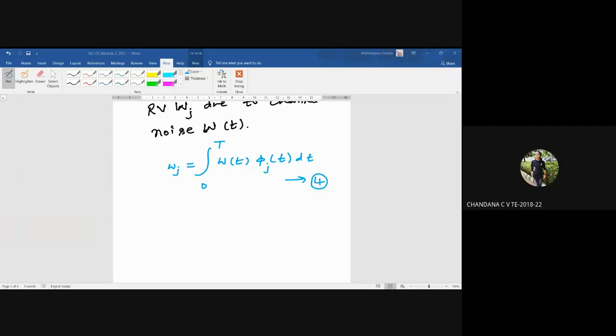We discussed the conversion of the continuous waveform. Just tell me in brief: how do I write the additive white Gaussian noise channel model? The transmitted signal and white Gaussian noise are both added together to get the received signal. X of t is Si of t plus W of t.